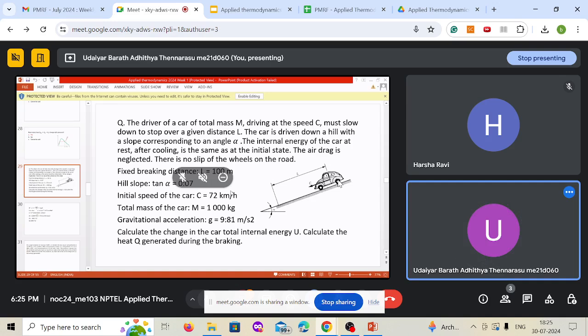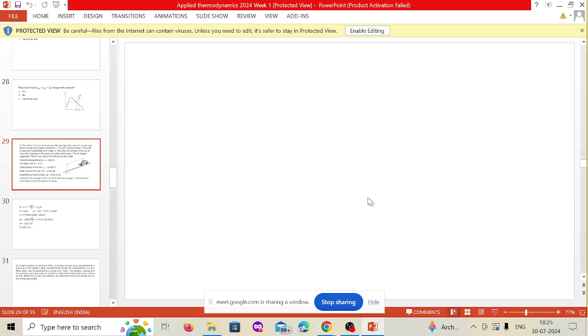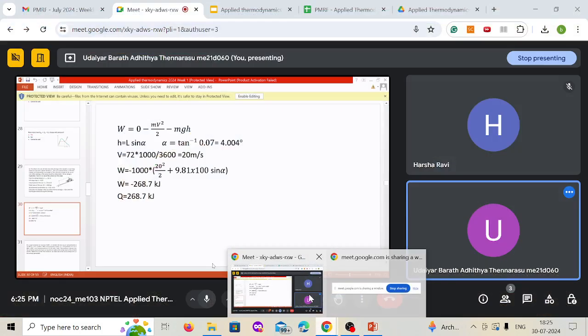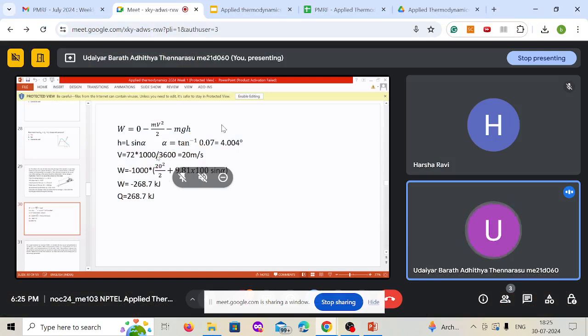So let's see how to solve this. If you apply first law, the work done here is the change in energy. Initially this is at 0. Initially it is at certain potential energy and certain velocity.